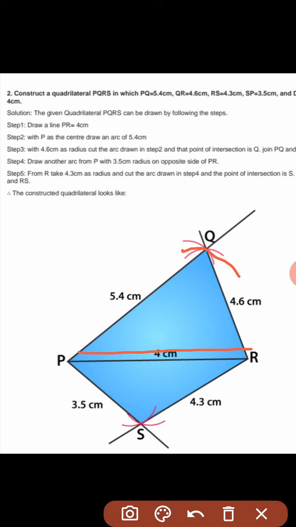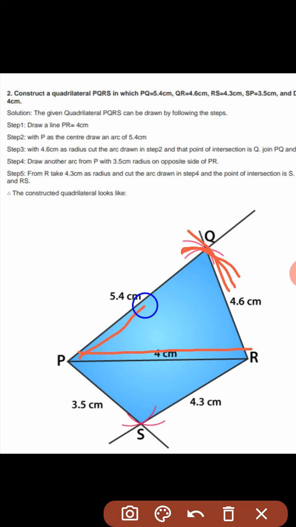Then step 3, with 4.6 centimeter as radius, cut the arc drawn in step 2 and mark the intersection as Q. From point R we have to cut another arc of 4.6 centimeter, and from point P an arc of 5.4 centimeter.